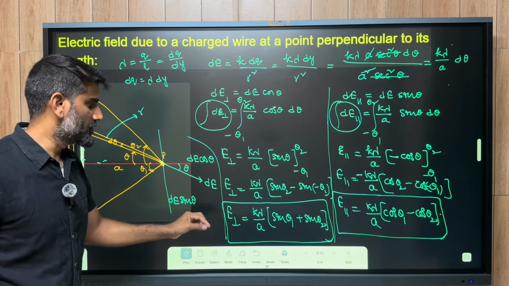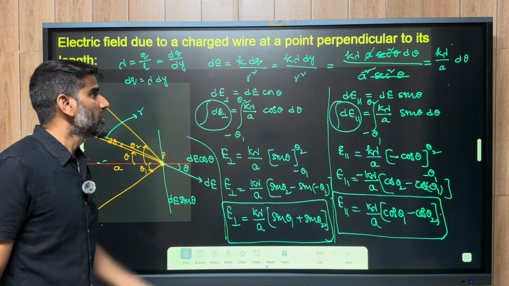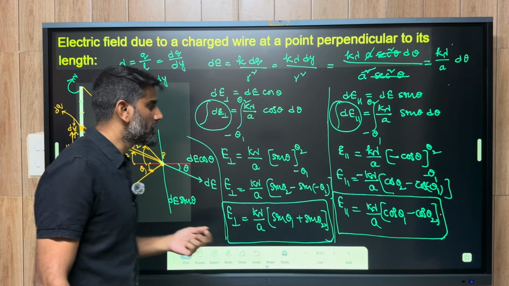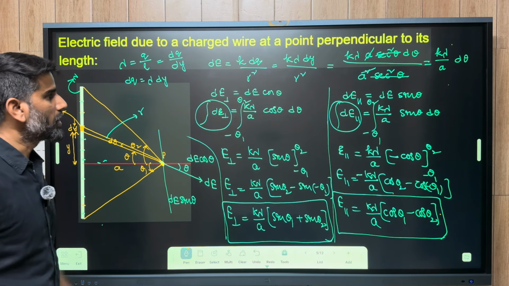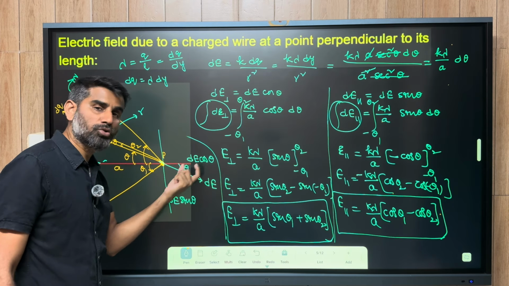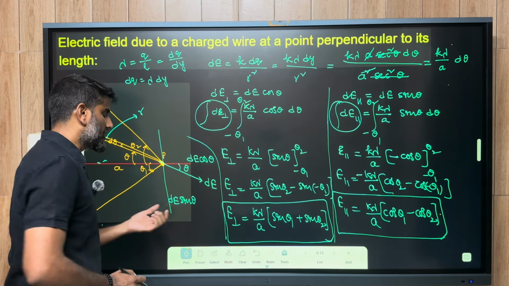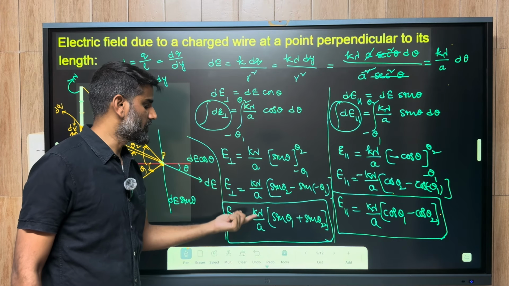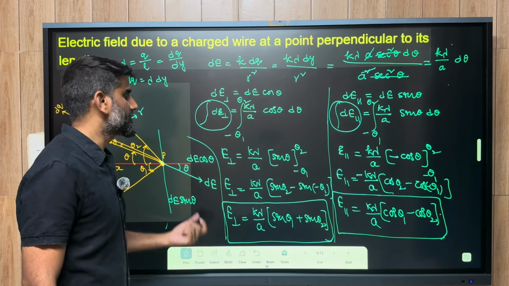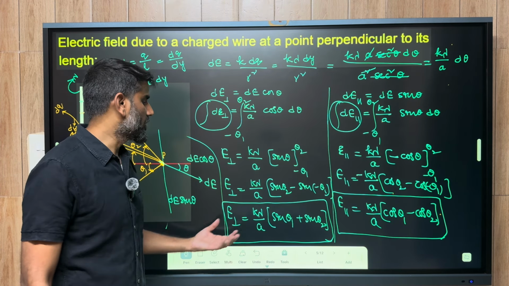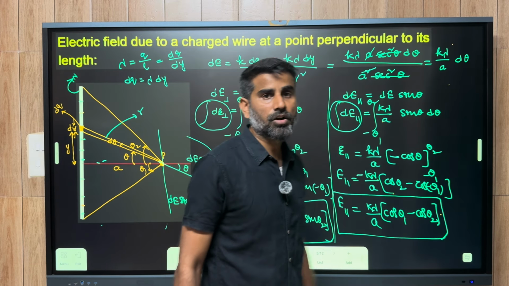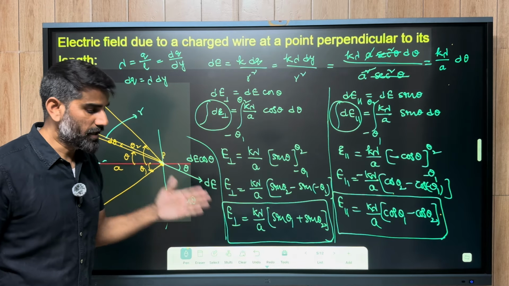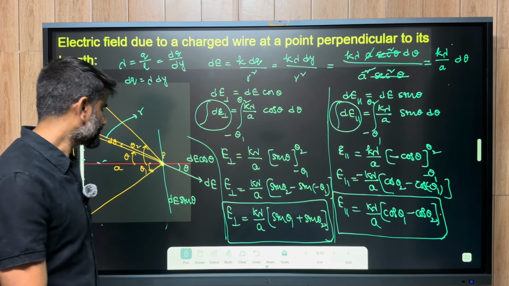The electric field due to this charged element is dE, and I've written the expression for dE using the triangle. dE has two components: one perpendicular to the rod, dE cos theta, and one parallel to the rod, dE sin theta, which I have also analyzed. I have got the final expressions for the perpendicular and parallel components of the electric field due to the charged rod at a point on the line perpendicular to the length of the rod.